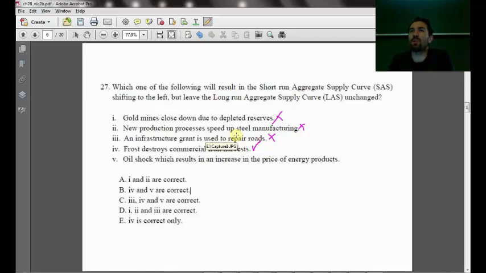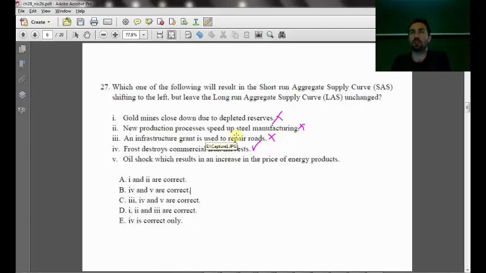Let's say there's an oil shock and oil prices go down. Does that change our productive capacity? Does that increase our factories? Does that increase the amount of machinery we have? No. It changes the costs of producing, right?